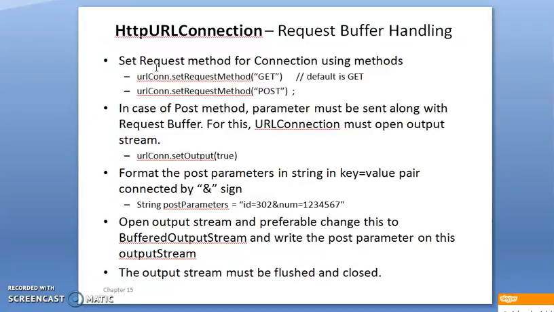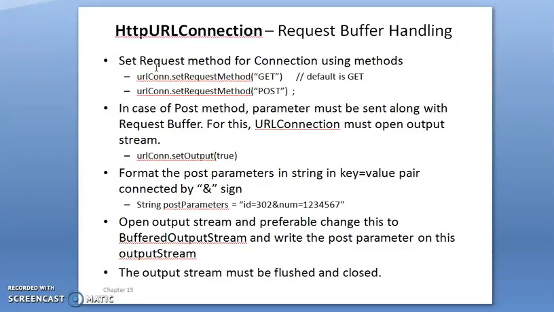If it is a GET, then surely we would have sent all the parameters along with the URL, so we do not have to bother. If it is a POST, then we will be sending our query parameters in the request body. For sending into the request body, we will have to say, please open the output stream, so that we can write onto that.